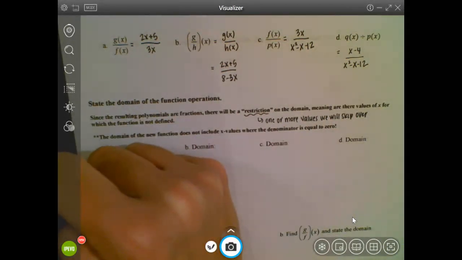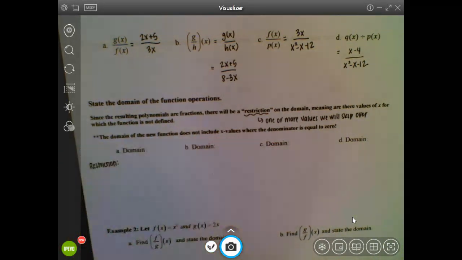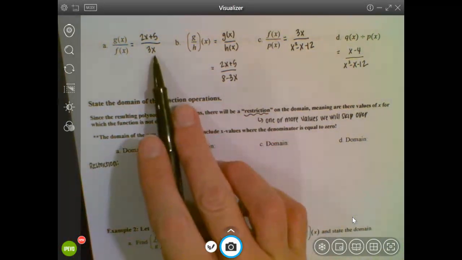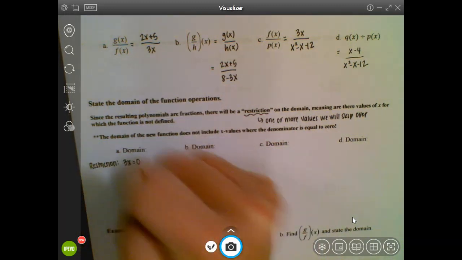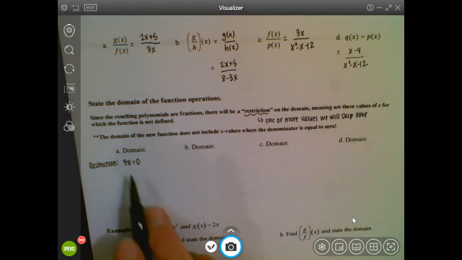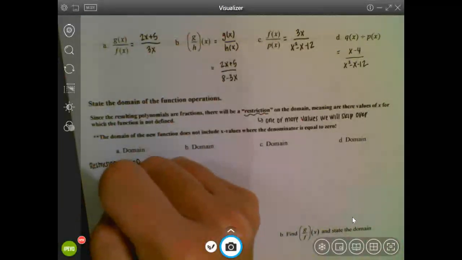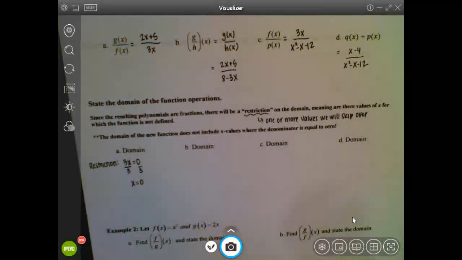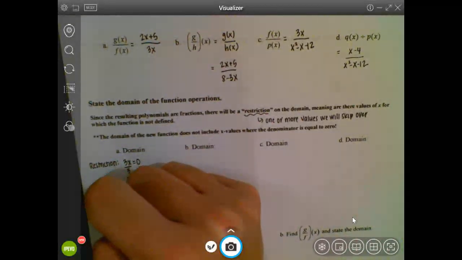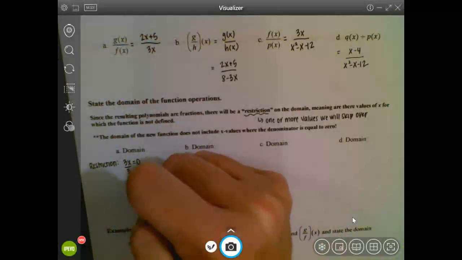So our restriction is going to be where our denominator, so our denominator of this fraction is 3x, is equal to 0. So I'm just going to solve this like it would be a linear equation I'm solving for x. So divide by 3. This is telling me that my restriction is that x is equal to 0, which means that in the domain, this is going to be the value that I want to skip over.